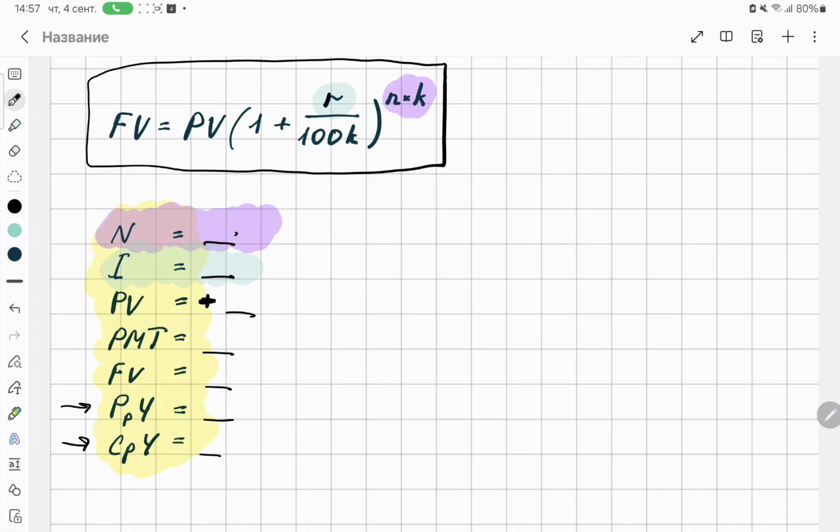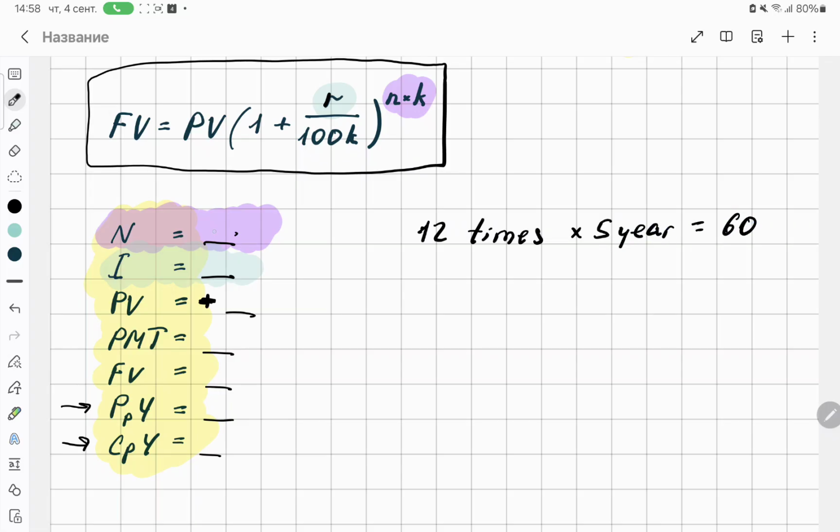Also, sometimes students make a mistake when the question is focused on the number of years, okay? For example, compounding monthly means 12 times per year, and for 5 years, the total number of times is 60.